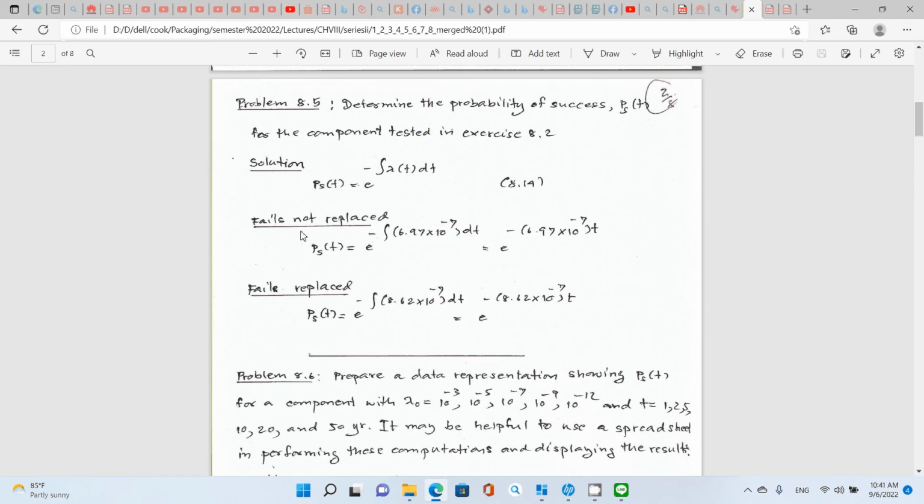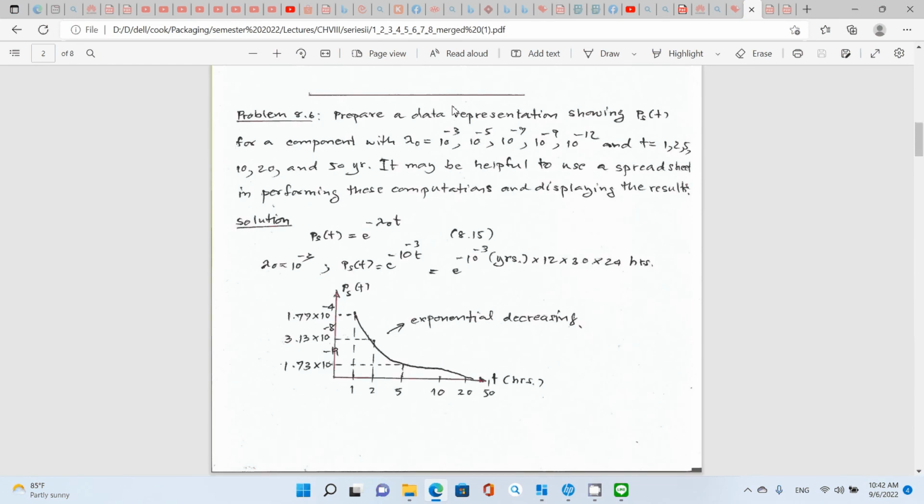For fails not replaced, you simply plug in lambda t. And for fails replaced, plug in lambda t, that's 8.62 times 10 to the negative 7. Okay, so that's the probability of success, or survival probability. That means the chance that your component is still working.